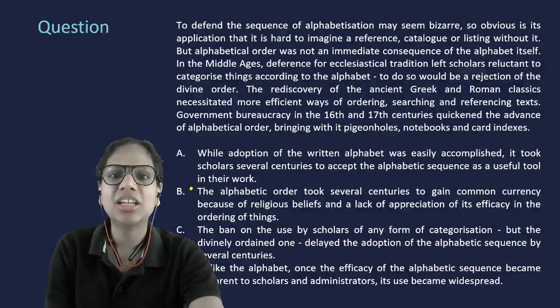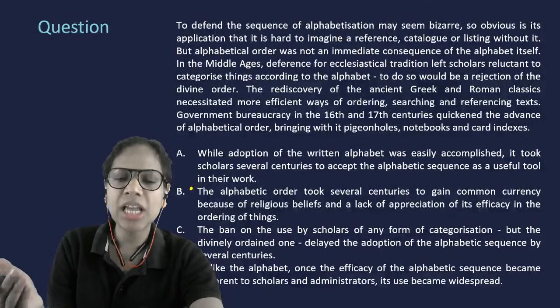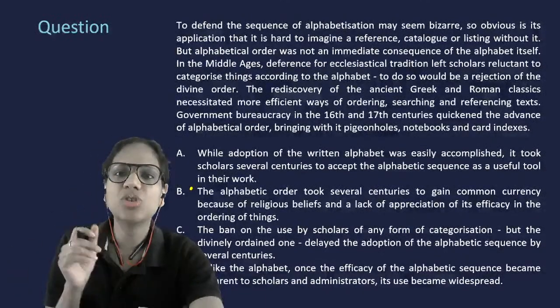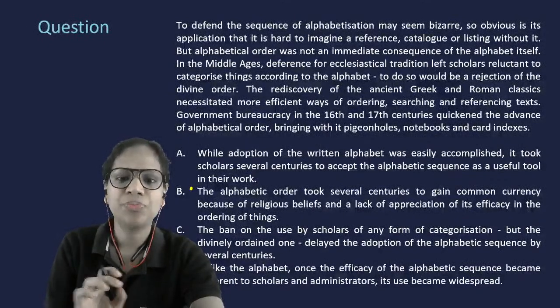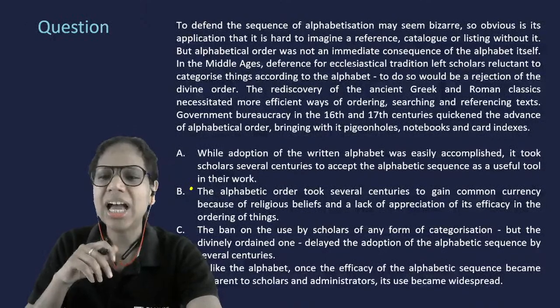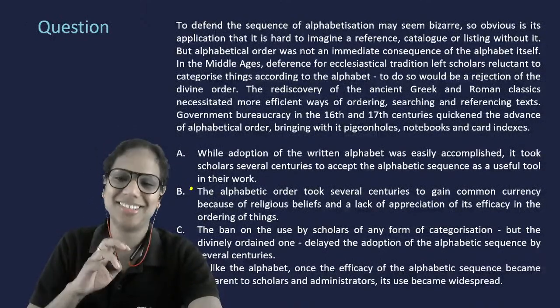The paragraph does not discuss how the alphabet's use spread. It just says that alphabetical order was not an immediate consequence of the alphabet itself. So D is eliminated.